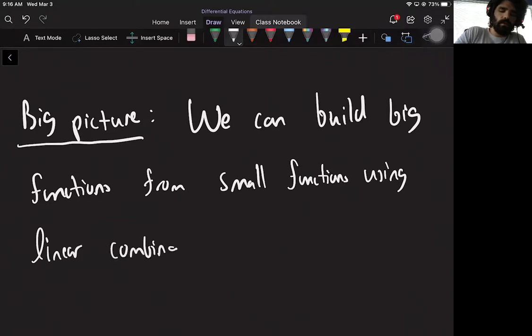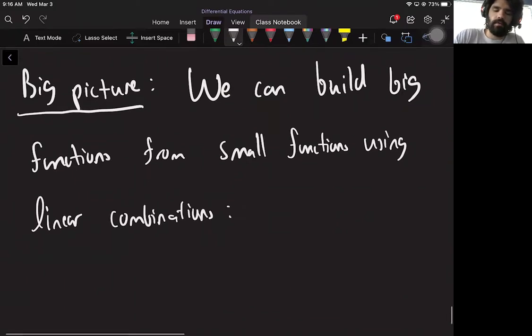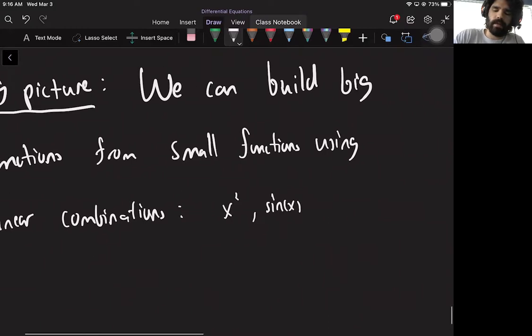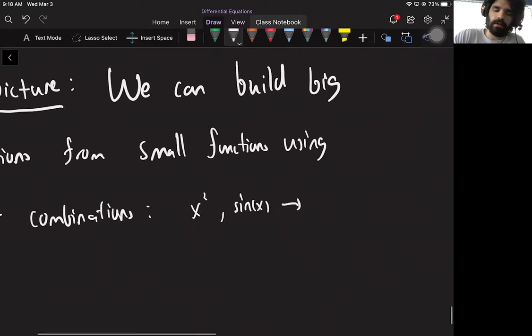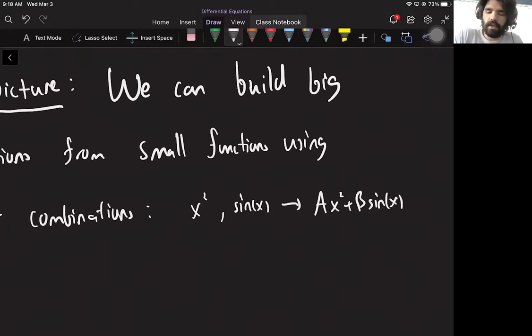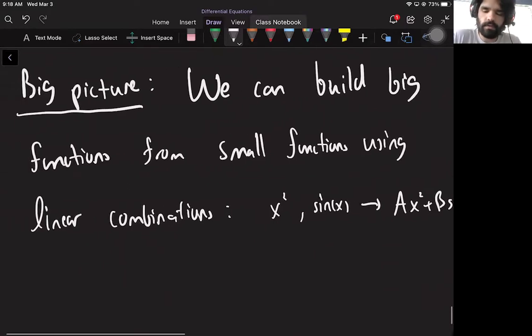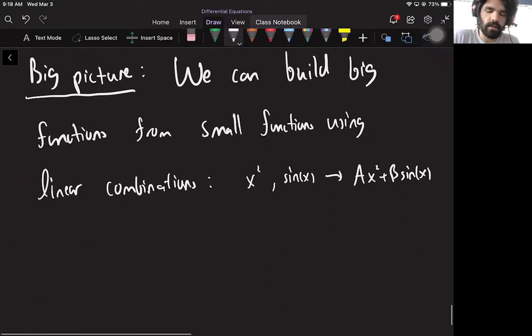So for example, if I have x squared and sine of x, then I can build all sorts of functions by taking linear combinations of these two. So every choice of a and b gets me a new function. So I could build all sorts of functions from smaller pieces using linear combinations.